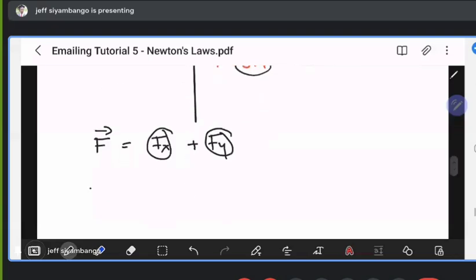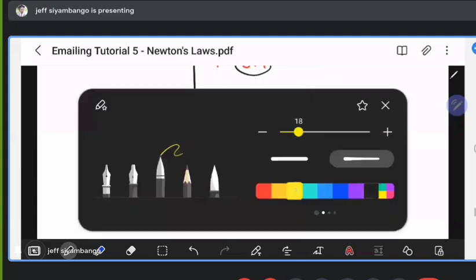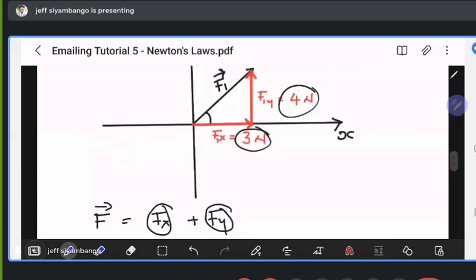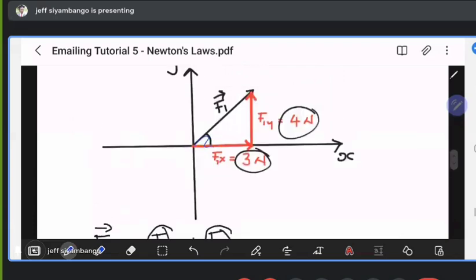Well, it follows that you can write this first vector f1 as just the x component of f1, but to indicate that the fx is actually in the x-axis, what is done here is that the direction of the x-axis is denoted by a unit vector i. So i means you are in the x-axis.